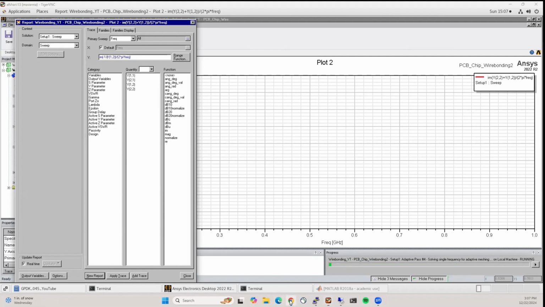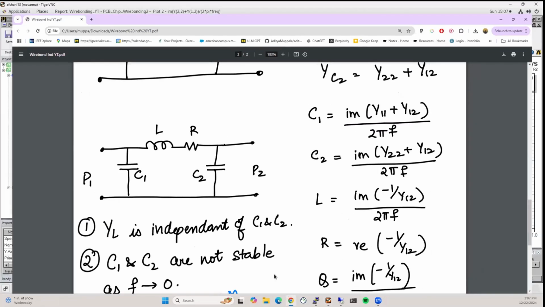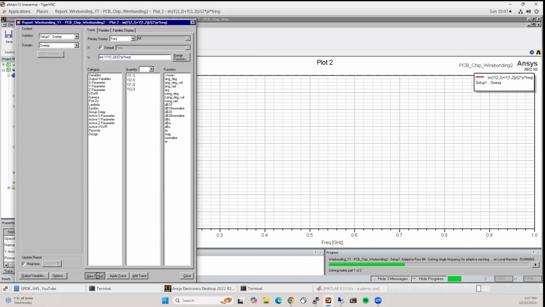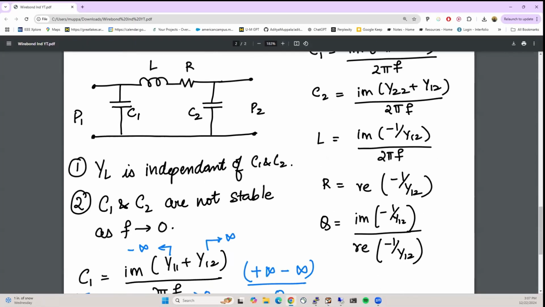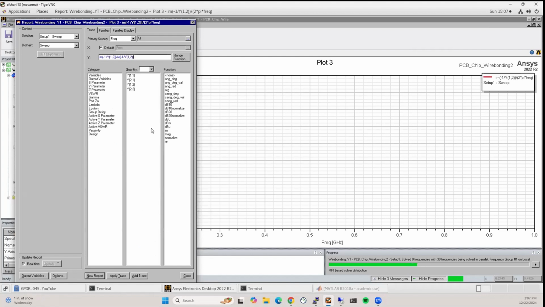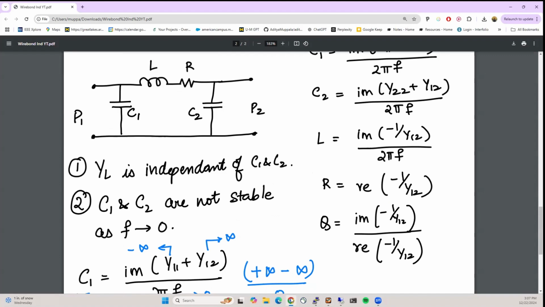Minus 1 over imaginary part of y12 divided by 2 pi f. That's the inductance. And then this divided by the real part of this one, that was the Q, right? Imaginary part over the real part. Okay, in your report. And just 1 divided by this, or not even 1 divided, this was the resistance, right? Okay.